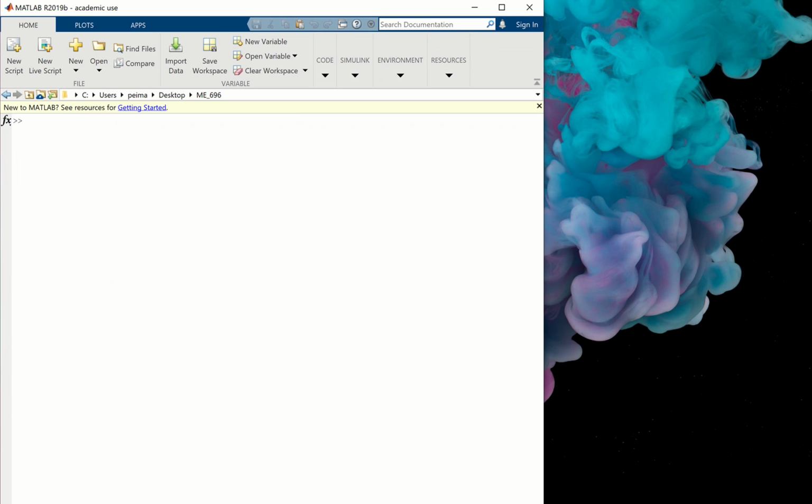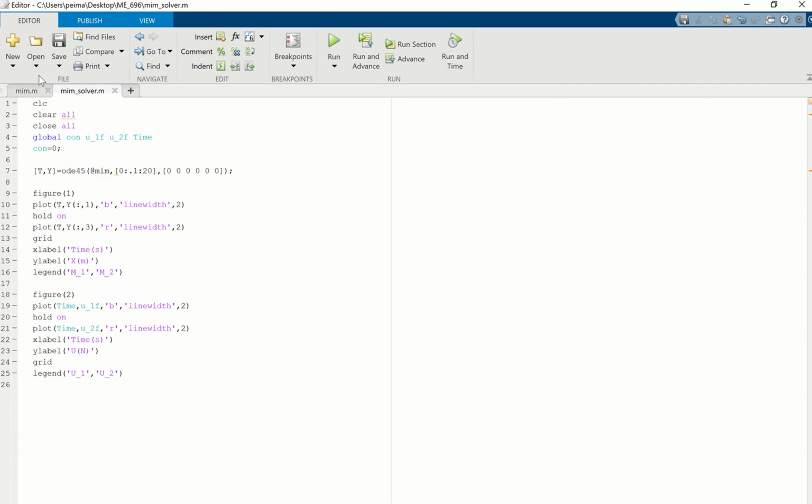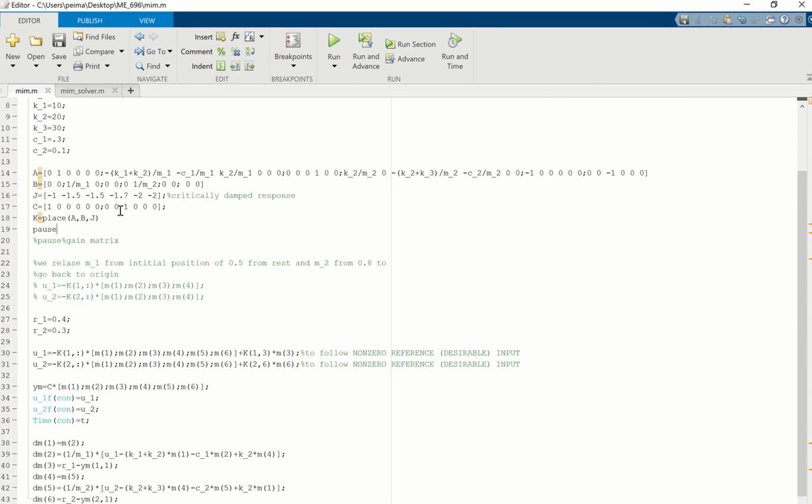Understand? So now we have a 2 by 6 gain matrix. Why?